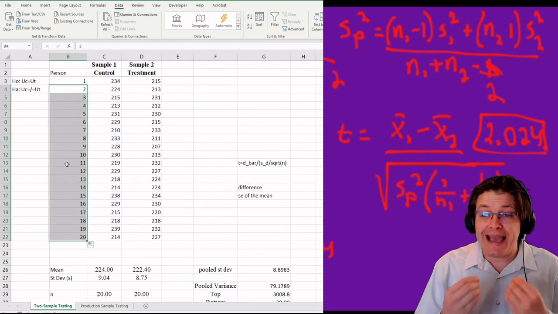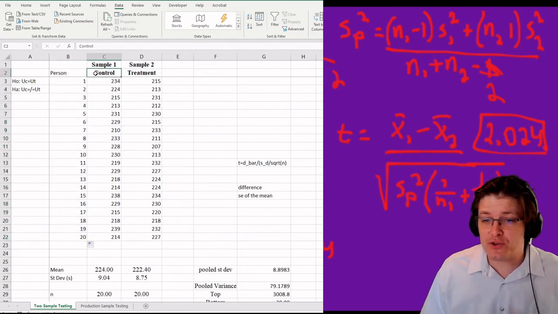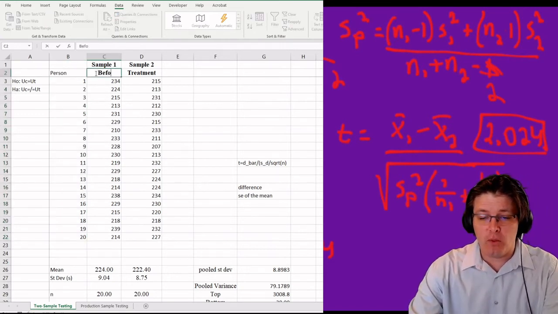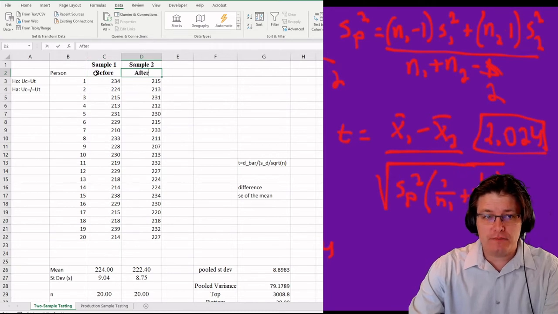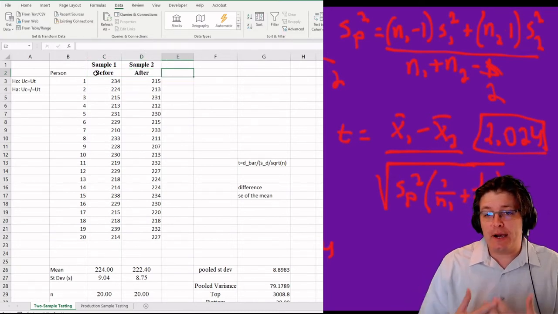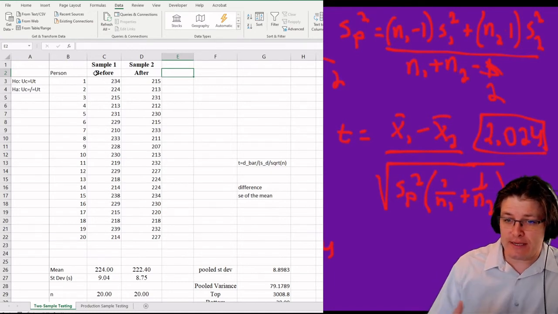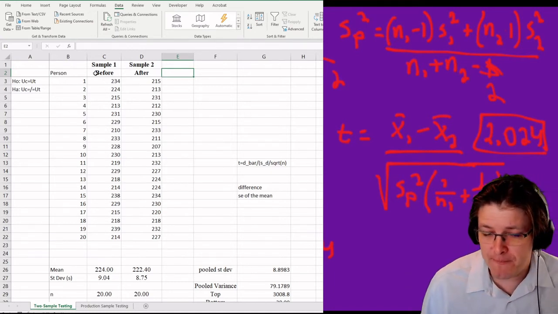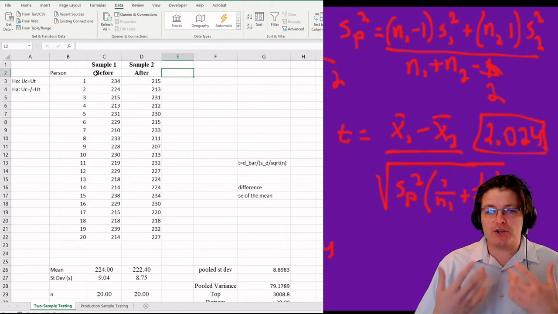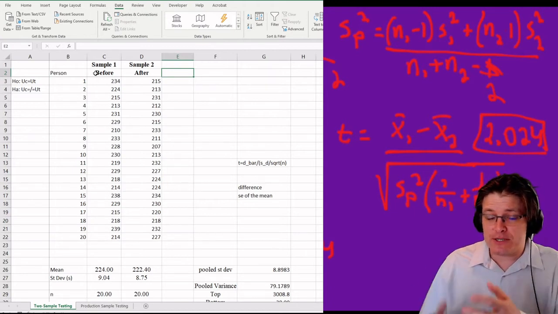And so really we only have 20 people here, and instead of treatment and control, maybe we've done before and after, right? So maybe they weighed themselves before going to the seminar, and then they went, and then it was a month later, and so we can determine whether or not they've lost weight.